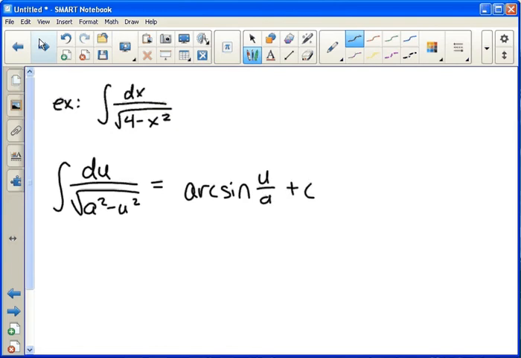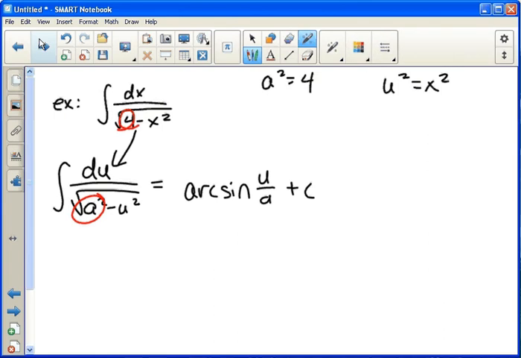My goal is to figure out what pieces go into the rule. Always start with a squared and u squared. a squared is clearly 4, and u squared is x squared.